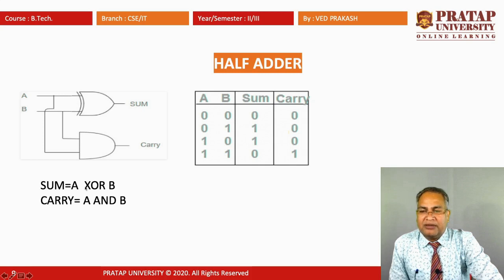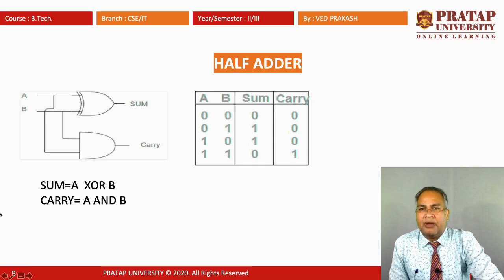That denotes the output combinations of the binary inputs, and the carry is denoted by A and B. It means this AND gate is basically used to create the carry generated at the time of adding 2 bits.